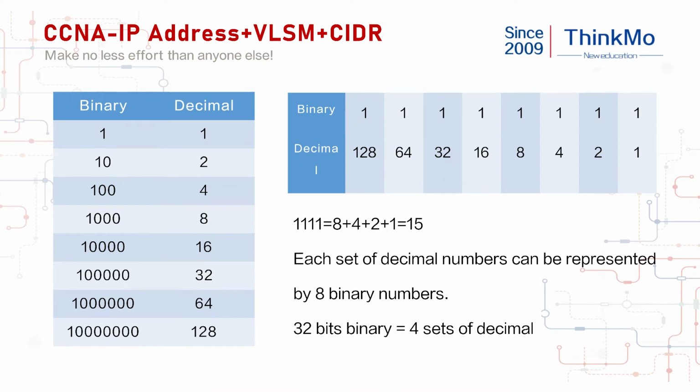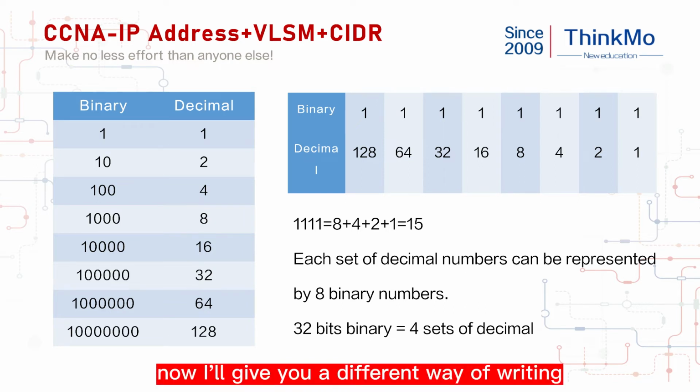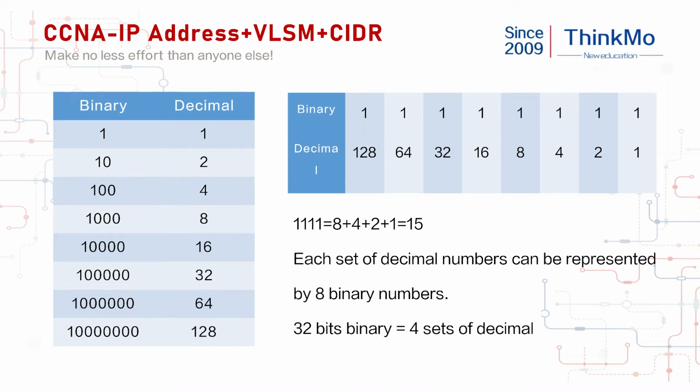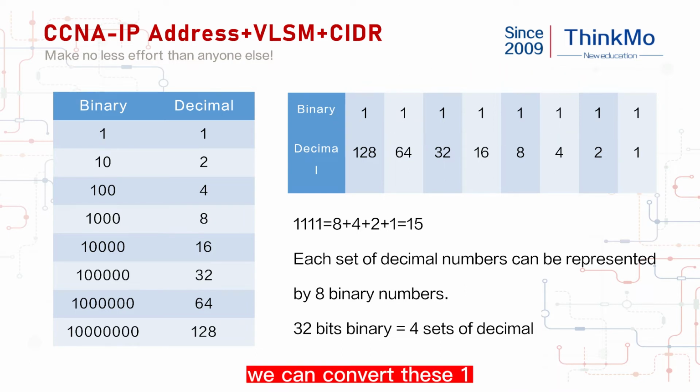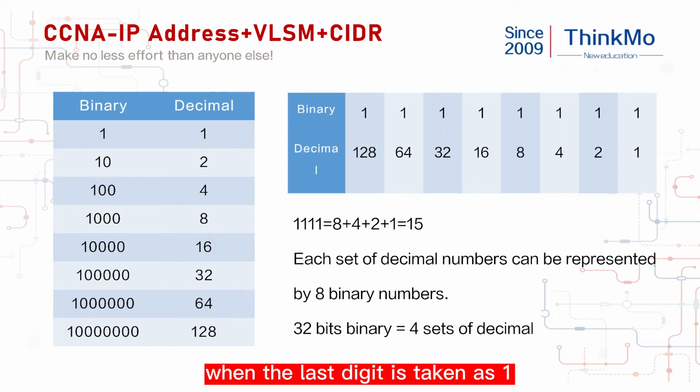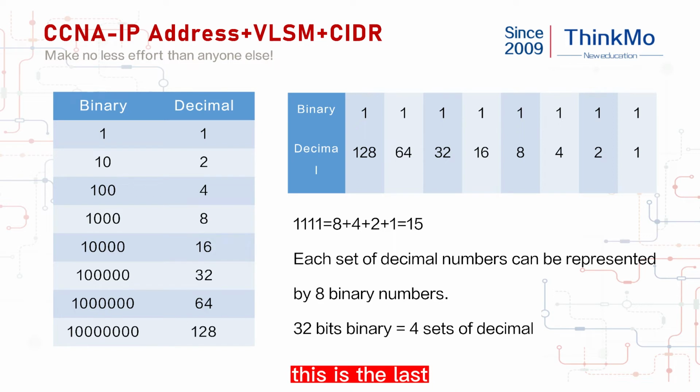Okay. Now I'll give you a different way of writing the correspondence between binary and decimal. We might as well write, assuming that each bit takes a value of 1. When the last digit is 1, it represents 1. Then here is 2, here is 4, then going forward 8.